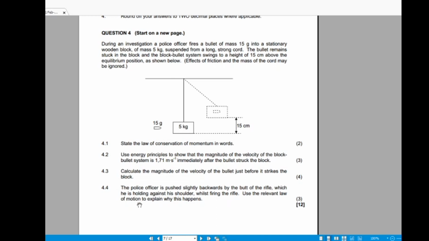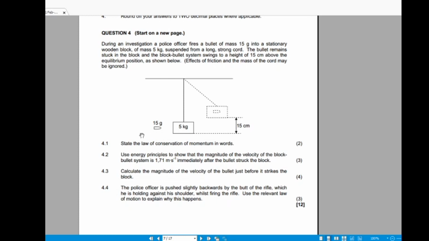So here in this situation, as the police officer fires, the gun will exert a force on the bullet, right? And then the bullet will also exert a force in the opposite direction to the gun, right? And then the force that is exerted on the gun will be transferred to the police officer, right?